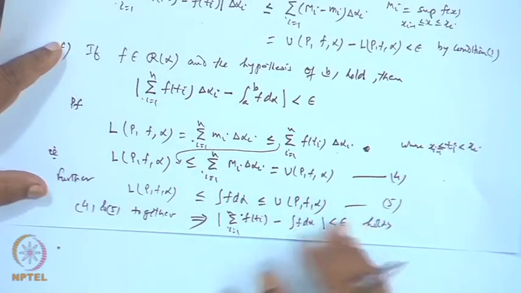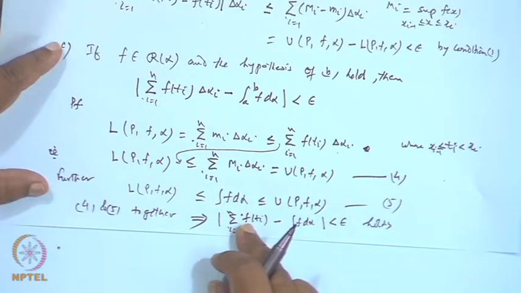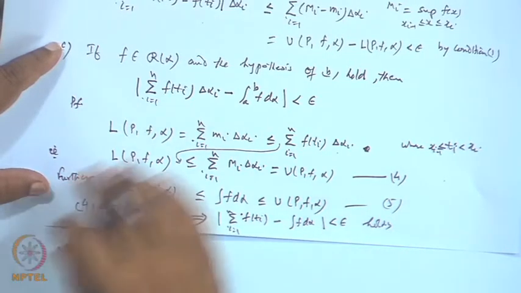Now, in most of the books earlier, if you see, they do not take the upper sum and lower sum. They start with a function f defined over the interval [a, b], and the function we assume to be a continuous function, or a bounded function sometimes.